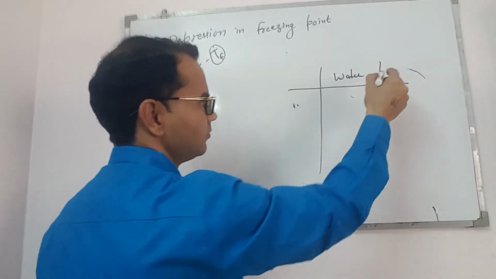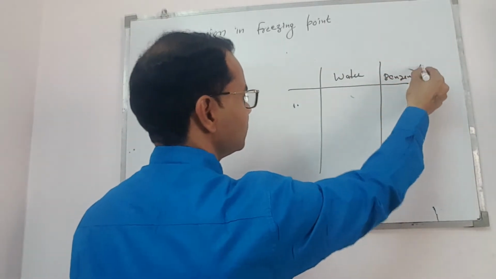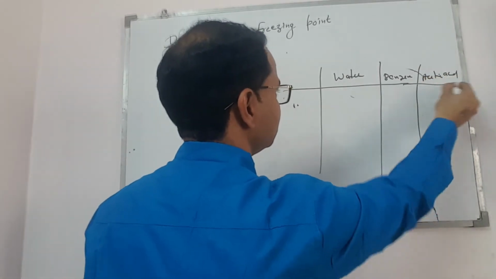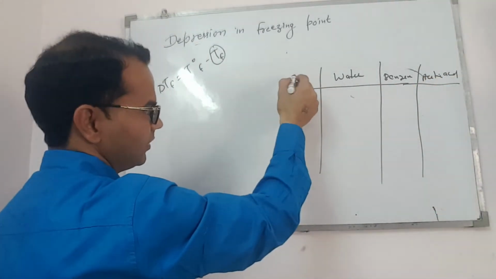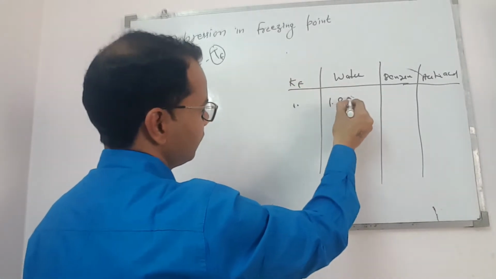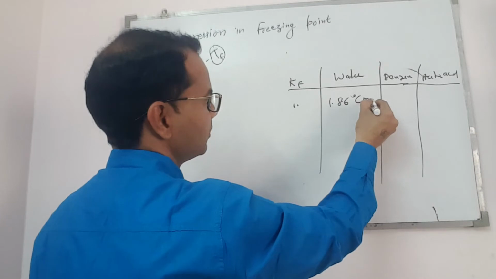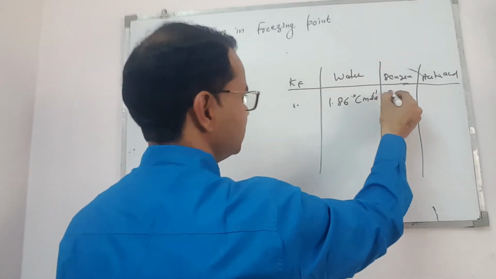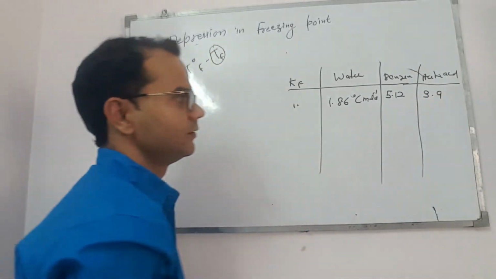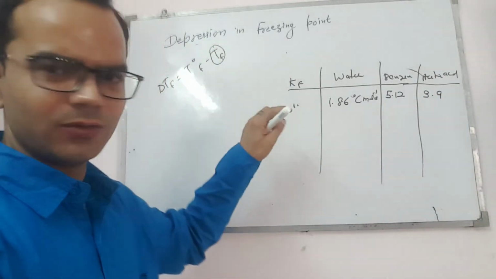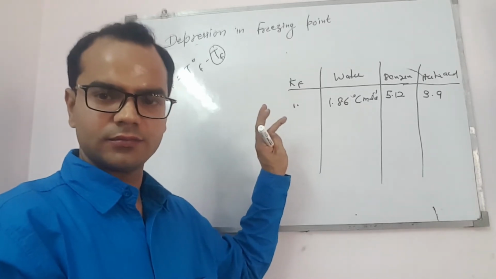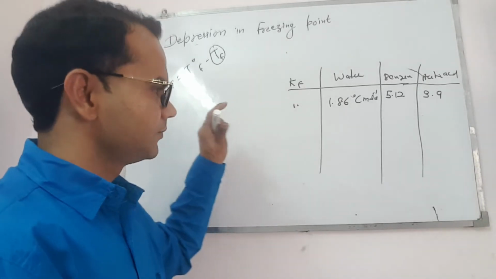Value of Kf. For water, it is 1.86 degrees Celsius per mole. For benzene, 5.12, and for acetic acid, 3.9. You don't need to cram. In numericals, values will be given. Clear?